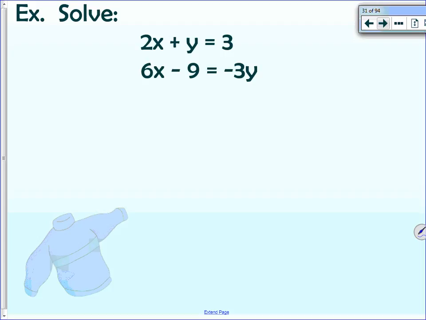What if none of the variables is easy to solve for? You just do it. You just have to pick one. What do you think? What should we solve for here? Y. Yeah. It won't always be y. It could be x. But let's solve for y up here.